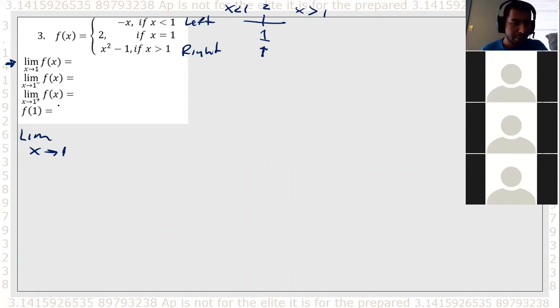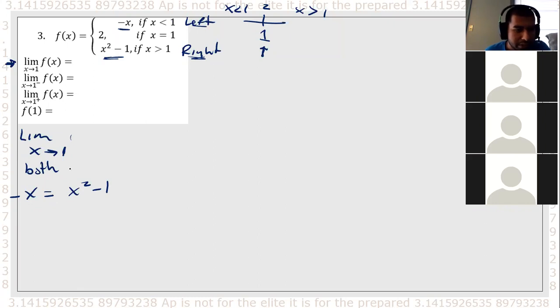So the first part says, what is the limit as I approach from both sides, because there is nothing on my exponent. So let's go ahead and do that. As I approach the left-hand side, the function is negative x, and on the right-hand side, it is x squared minus 1, right? This is the right, and this is the left.